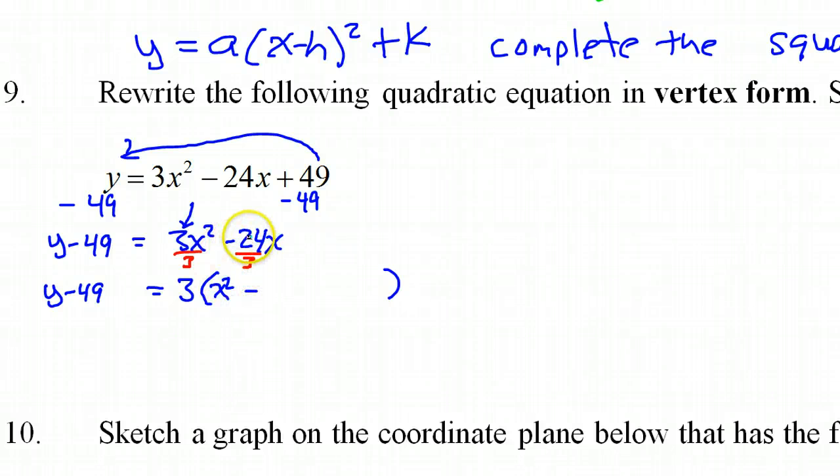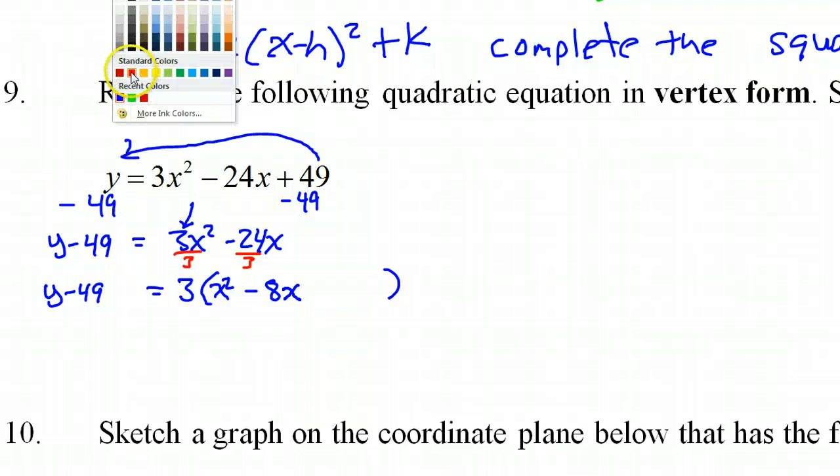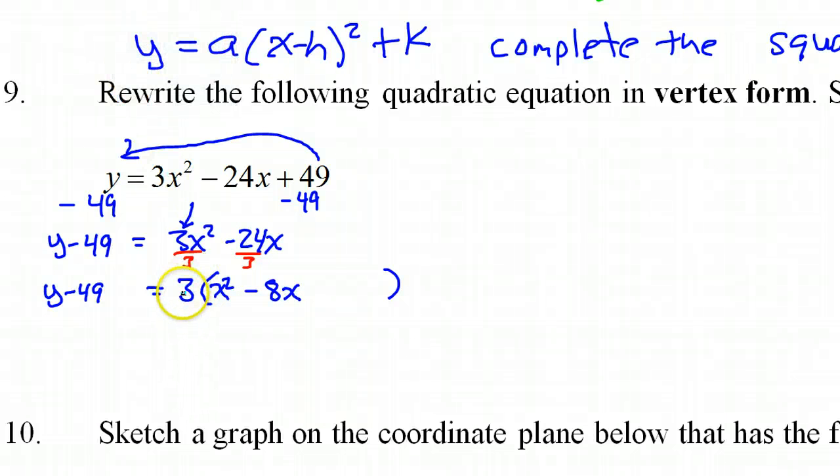So I'm going to have negative 24 divided by 3. That's why I'm going to have negative 8x right here. Just think about the distributive property. If I multiplied again, I would get my 3x squared and my negative 24x back.